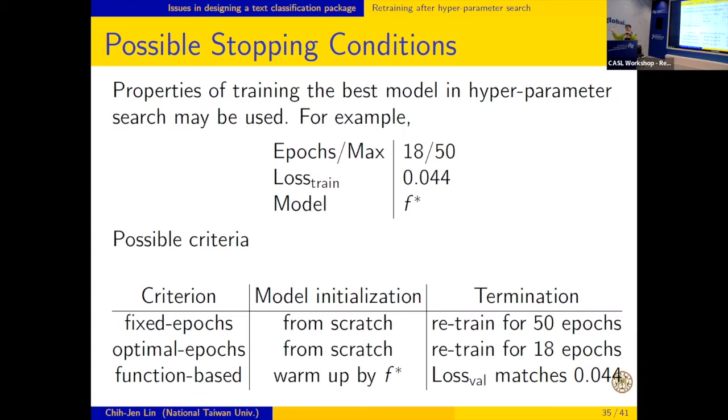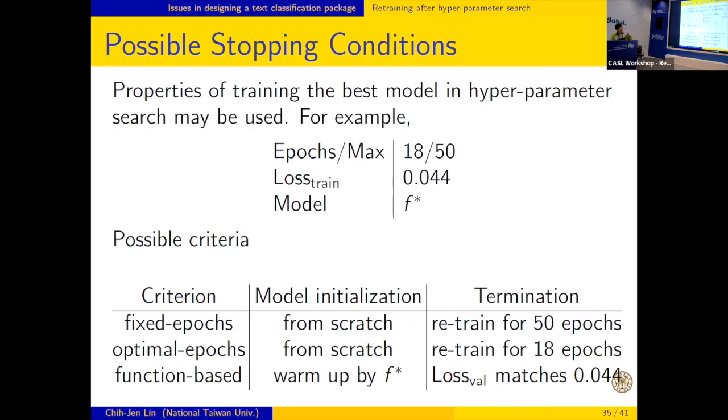Now I include validation data for training together, so suppose the validation error should decrease. So I just try to train until the loss on the validation set matches the training loss from earlier.